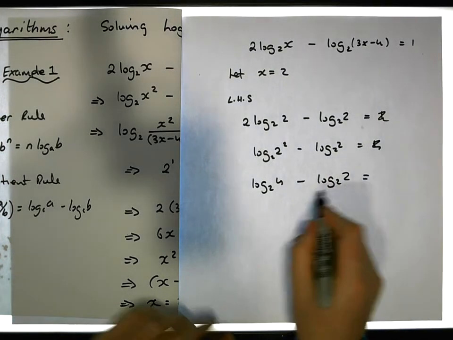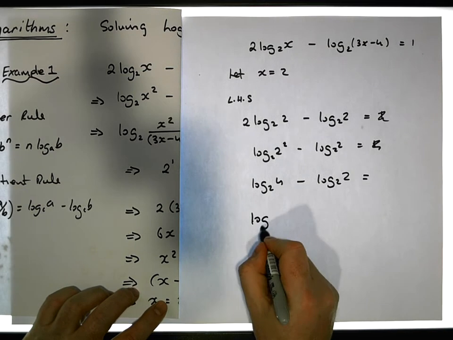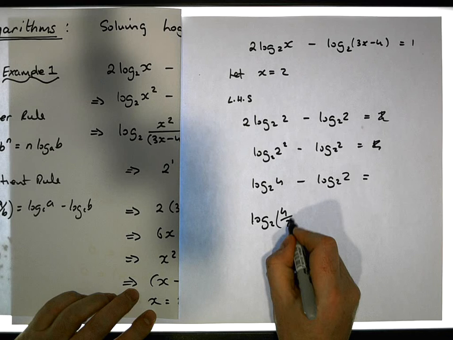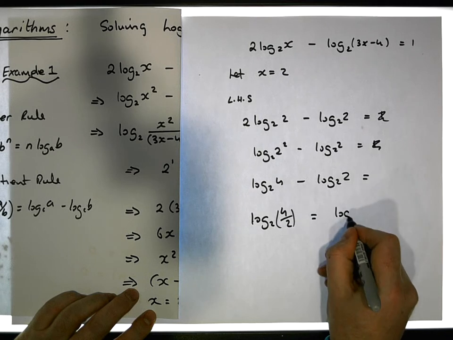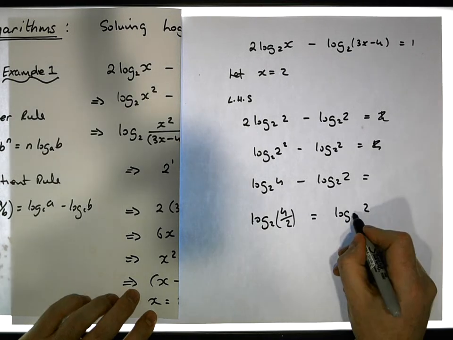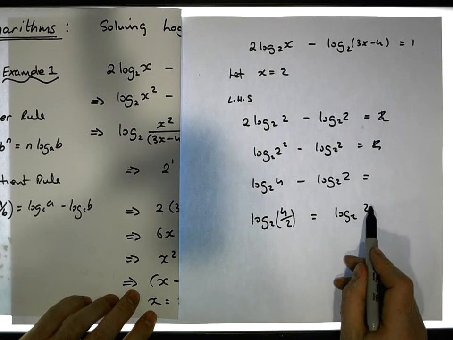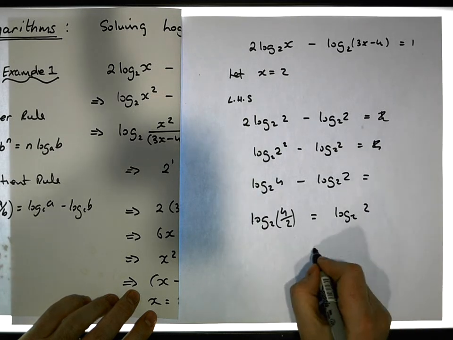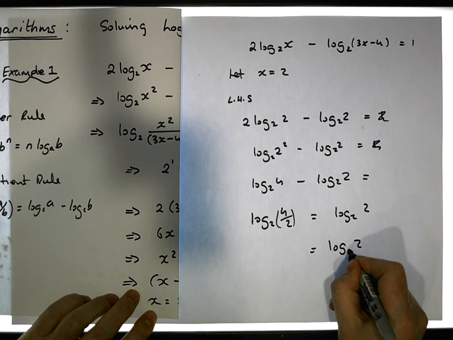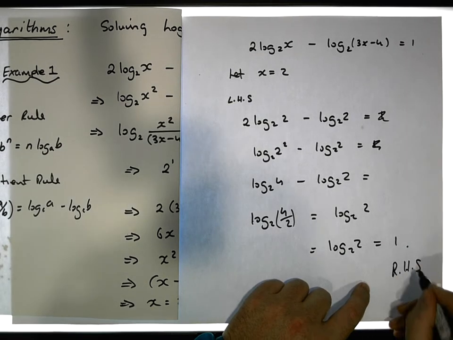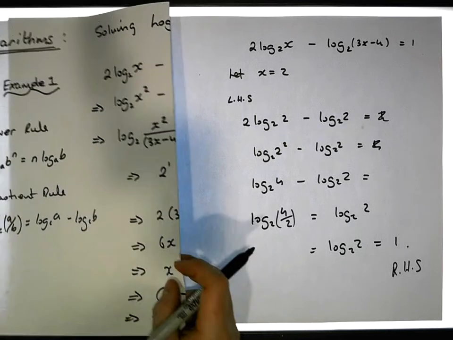By the quotient rule, this is log of 4 over 2 to the base 2, which is equal to log of 2 to the base 2. The question is, what power should we raise the base 2 to in order to get 2? That gives 1, which is the right hand side. So we can see that this solution works.